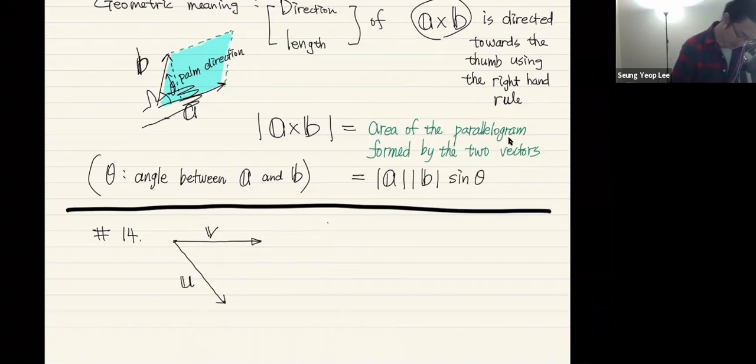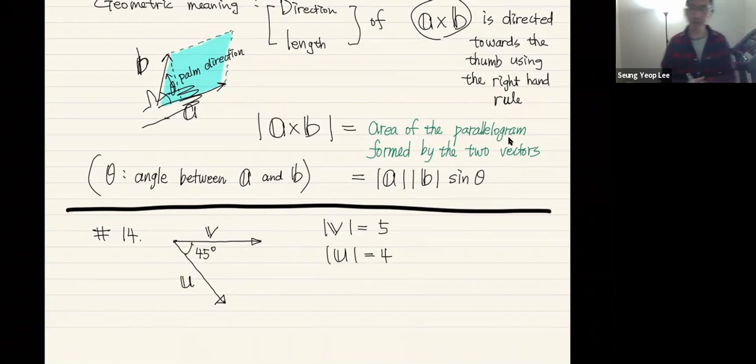And here v has longer length, as you can see, length 5. u has length 4, according to the problem. And the angle is 45 degrees. So it's some vector on the paper. Question: u cross v.